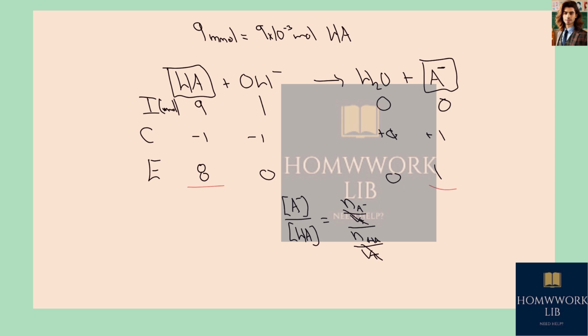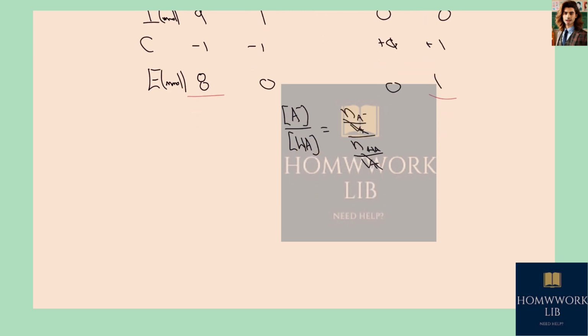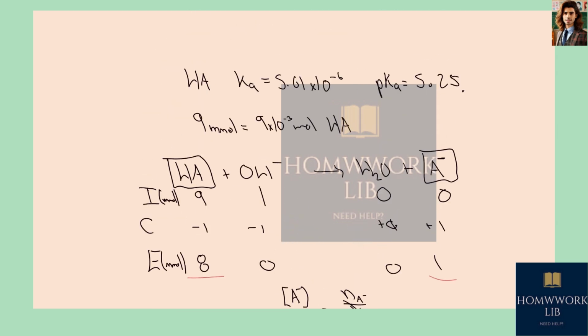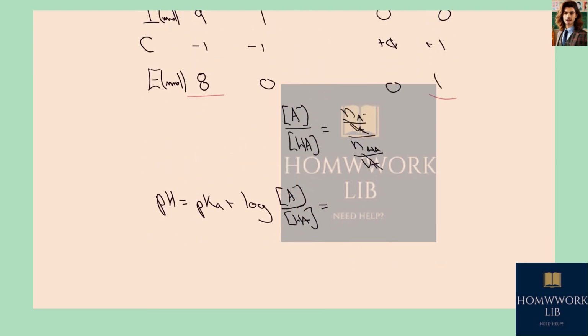In this case, we could leave it at millimole, as they are, because the units are going to cancel out when we plug this into the Henderson-Hasselbalch equation. So remember, the Henderson-Hasselbalch equation is pH is equal to pKa plus the logarithm of the concentration of A minus divided by concentration of HA. The pKa that we found was 5.25 plus logarithm of A minus is 1, HA is 8.